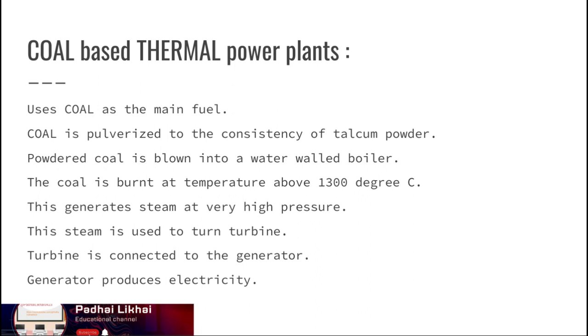The powdered coal is blown into a water-walled boiler, where it is heated to temperatures above 1300 degrees C. This in turn converts the water into high pressure steam. That high pressure steam is used to rotate the turbine, which is connected to a generator which ultimately generates the electric power.